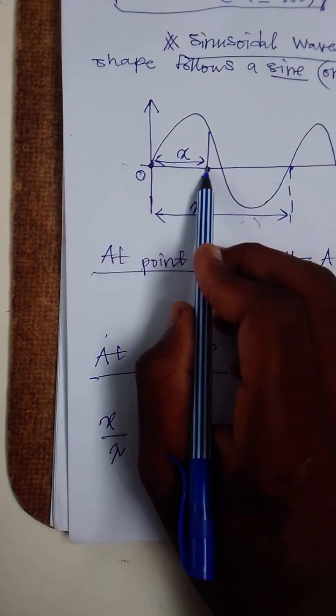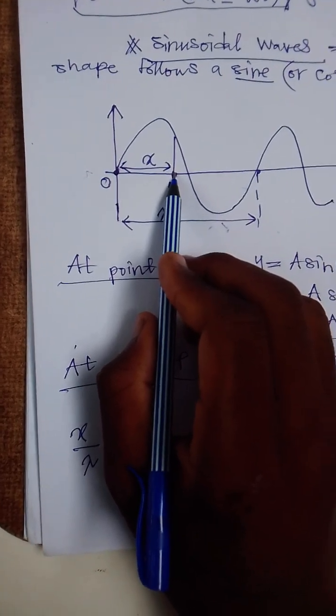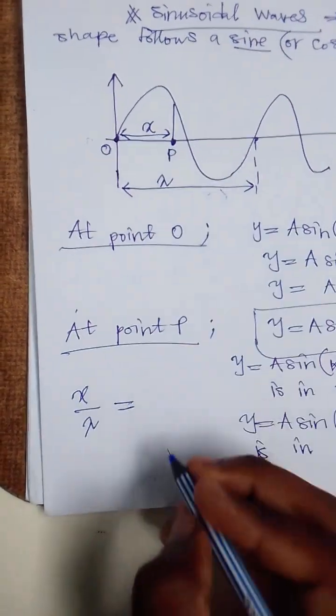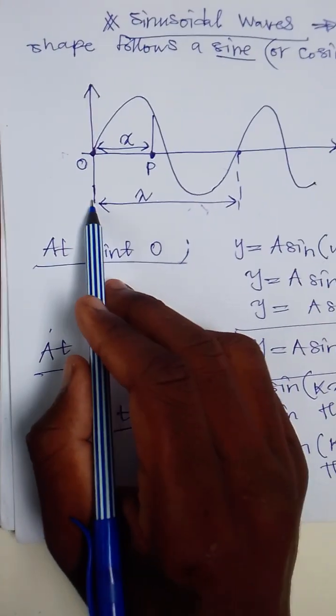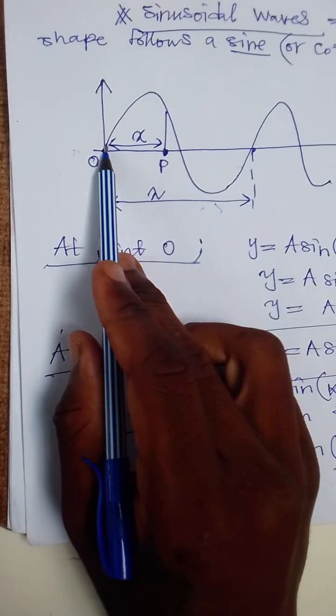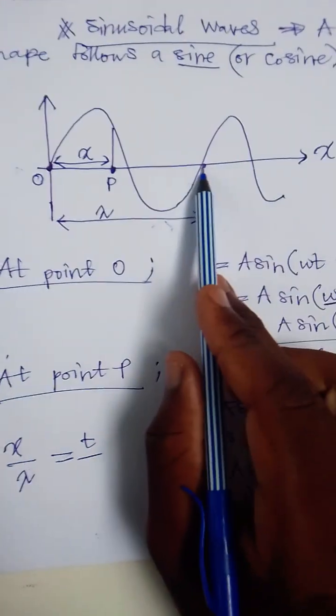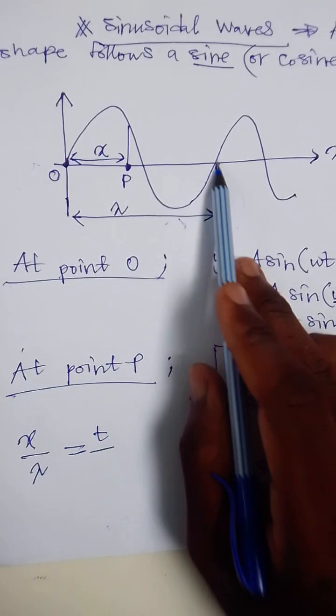At this point, we can't have the period since it's not a complete circle. Time here will be a t, so x over lambda equals t over the time it takes to move from the last position up to this point, which is the period, since it makes a complete circle.